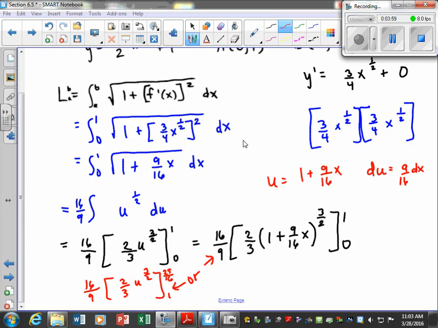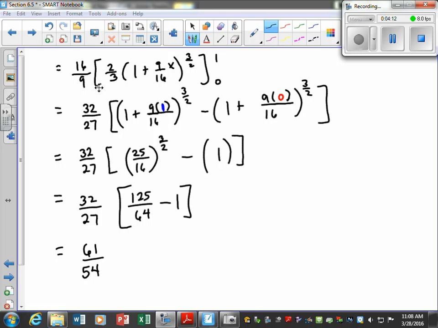Okay, so you can see if you left it in terms of u, you would have to evaluate this, or if you're going to be with us, we're going to put it in terms of x and evaluate this. Okay, so we're going to evaluate this. The first time I'm going to plug in a 1. The second time I'm going to plug in a 0. Be real careful with your parentheses.